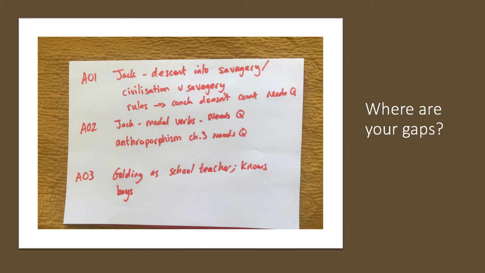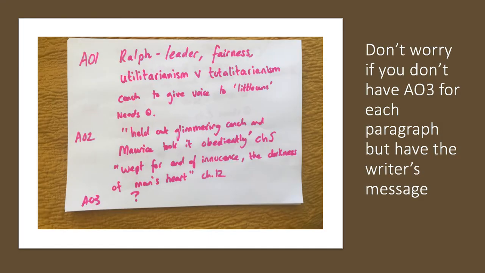And for my final paragraph, I'd look at the idea of Ralph's relationship with the conch, bringing his leadership and his fairness, the ideas of totalitarianism versus utilitarianism, that Ralph reacts to the importance of the conch by helping him form a society.